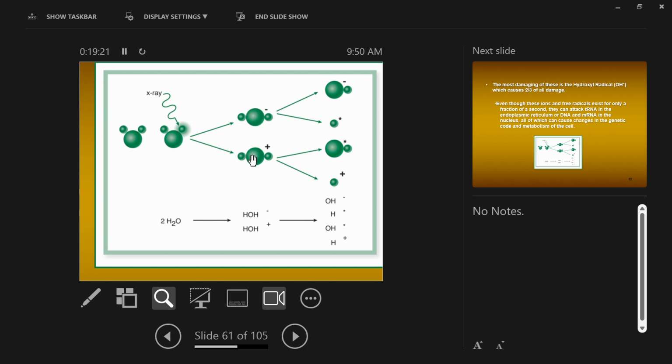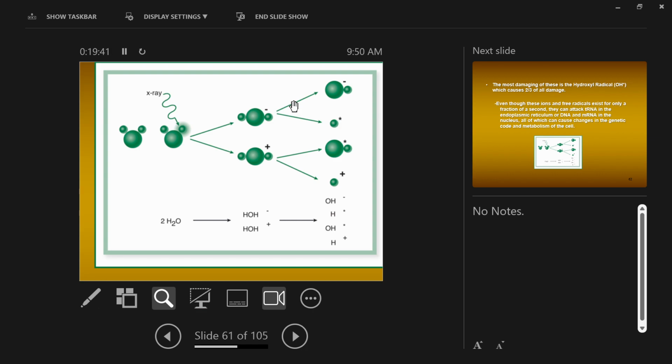Those two can then split. So you see HOH, hydrogen, oxygen, hydrogen, HOH, negatively charged, HOH positive, positively charged. These two can further split into four different molecules. And so this is the breakdown process of water.